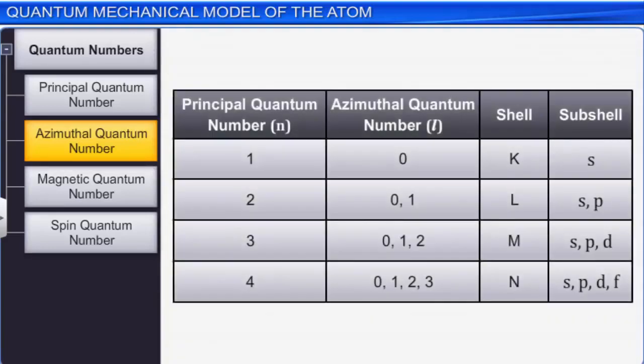Thus, the subshell in the K shell for n equal to 1 is S. In the L shell with n equal to 2 are S, P. In the M shell for n equal to 3 are S, P, D. In the N shell for n equal to 4 are S, P, D, F, and so on.